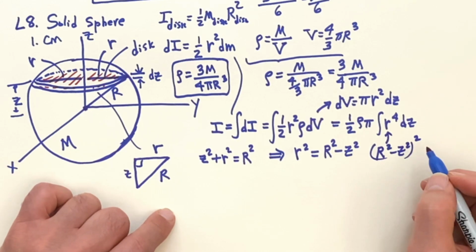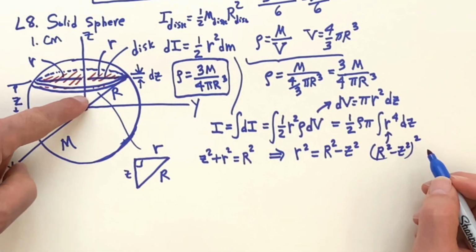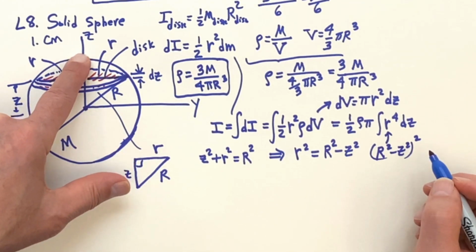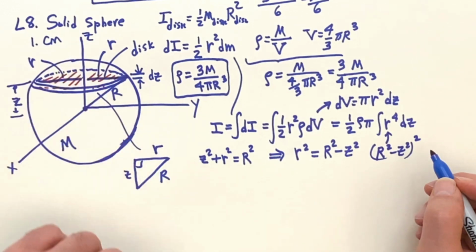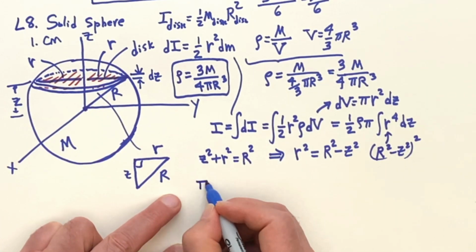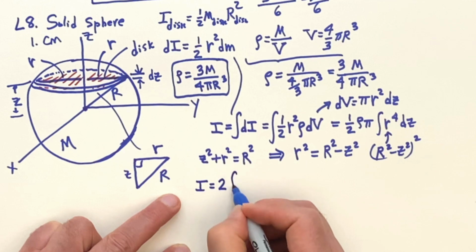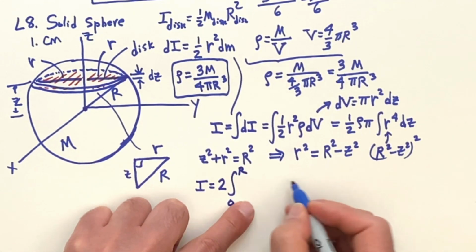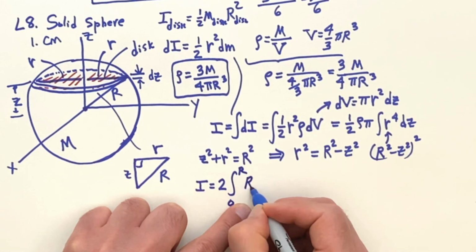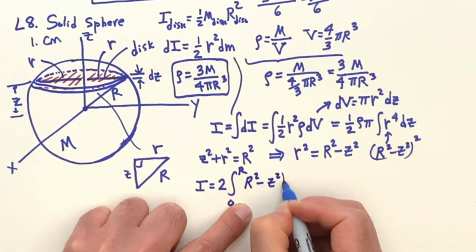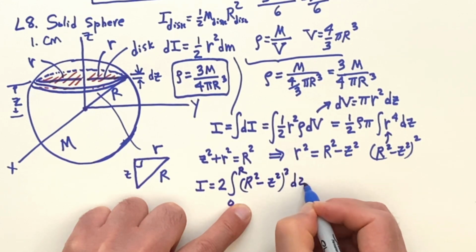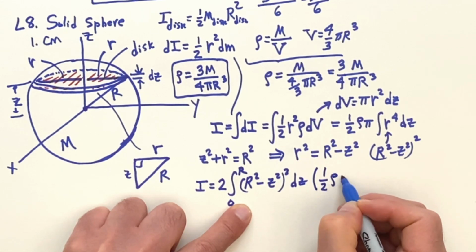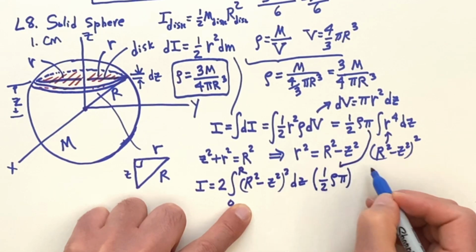And then we're going to integrate here. z has to go from minus big R to plus big R, but since each hemisphere contributes the same amount, what I'm going to do is put a 2 in front and go from 0 to R, and then have R squared minus z squared dz, and there's things out front, so we'll put this 1/2 rho pi here.